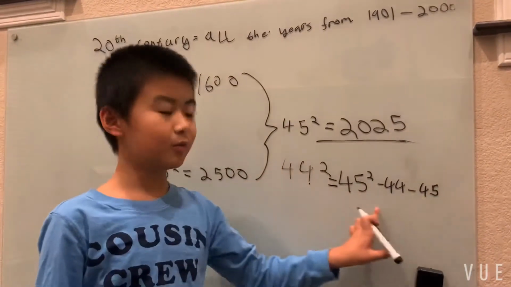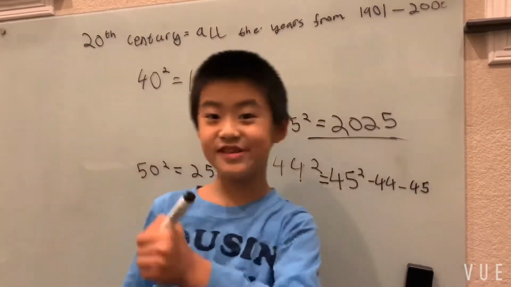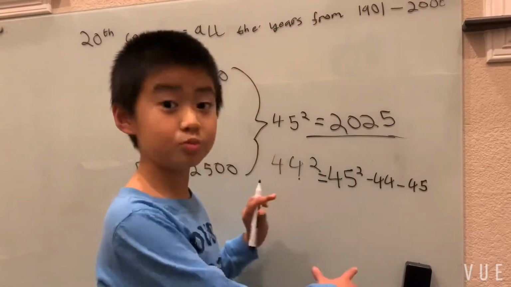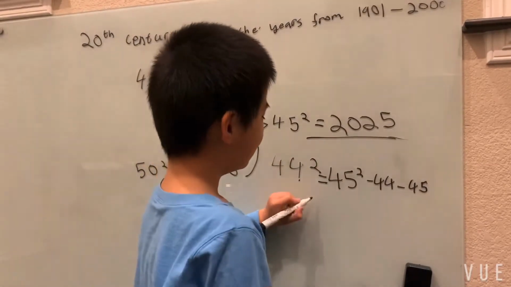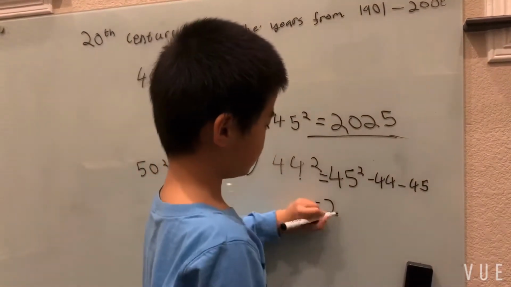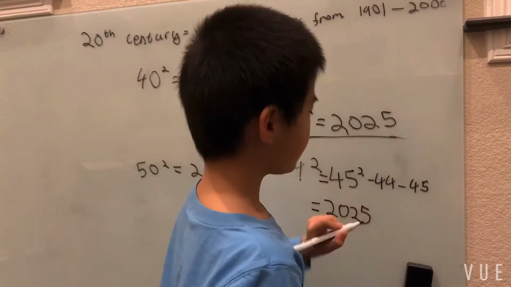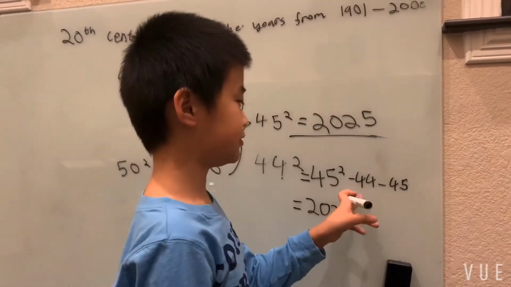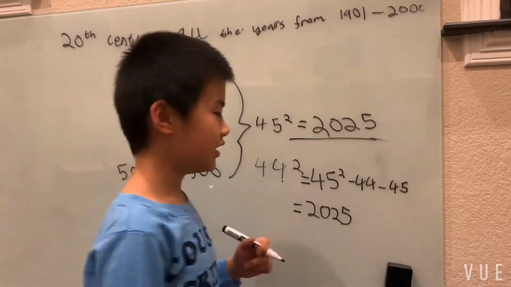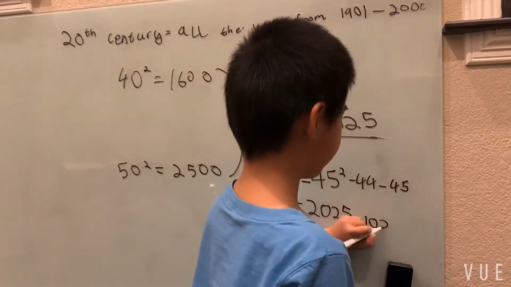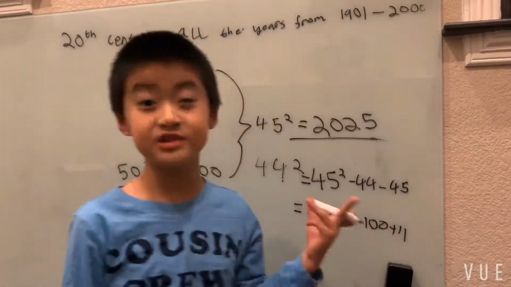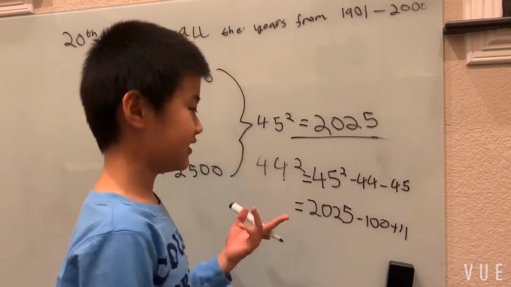We'll tell you why this is true in the next video. But first, we will compute this out, okay? So 45 squared, that's 2025. And then to get this, subtract 89, you should know this. Wait, subtract 100 and add 11, it's an easy one, anyways.